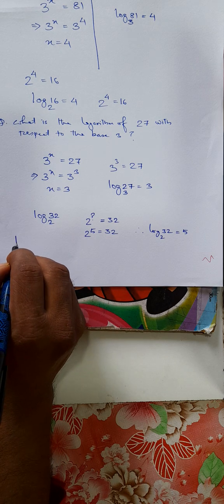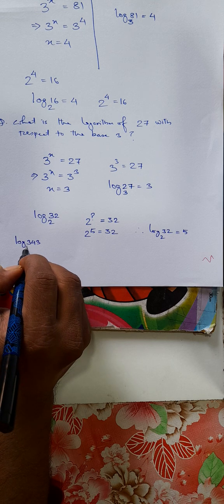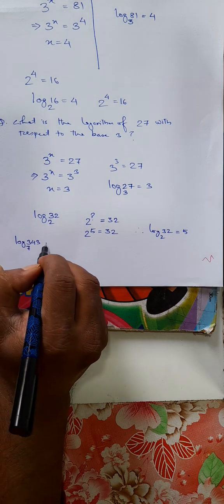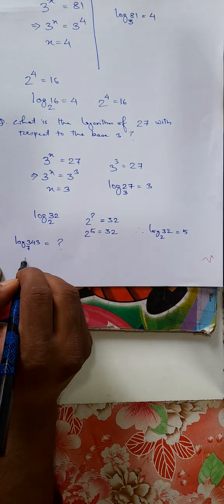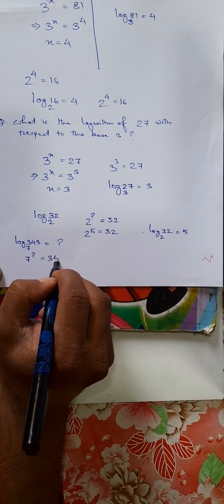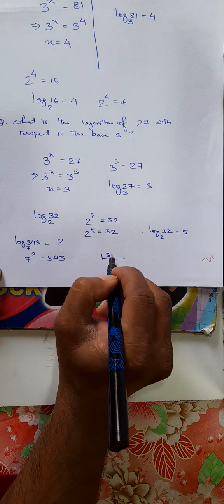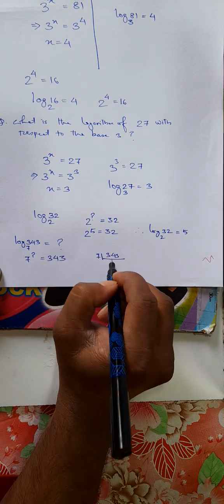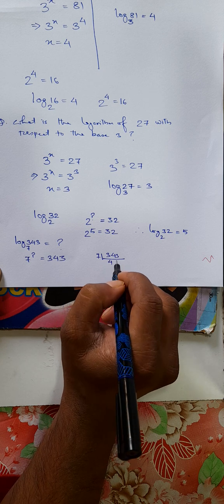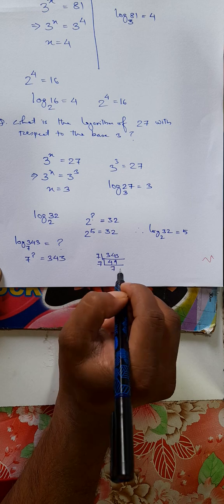Similarly, what is the logarithm of 343 with respect to the base 7? That means 7 to the power what equal to 343. Now you see, if you do prime factorization, 7 fours are 28, 7 nines are 63. This is again 7 sevens are 49.